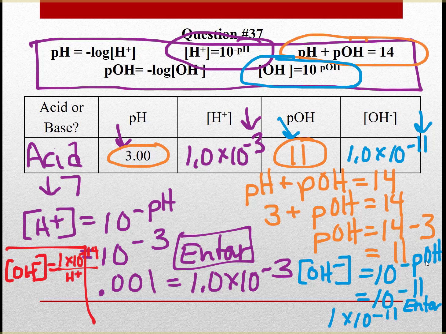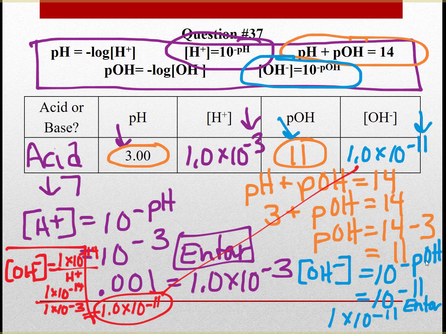So you would have 1 times 10 to the minus 14 divided by 1 times 10 to the minus 3. When you divide with your exponents, you actually subtract. So you're going to get 1 times 10 to the minus 11. So just another way to do it. It gives you the exact same answer, but there's a couple of different ways to approach these.